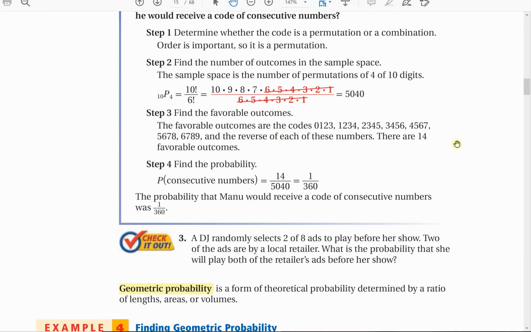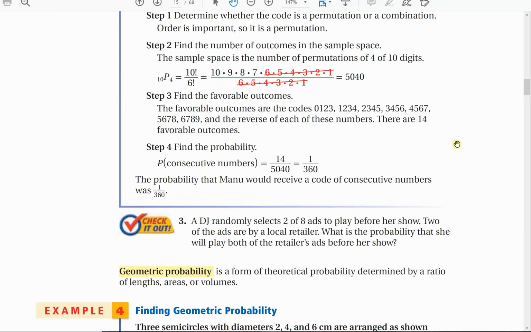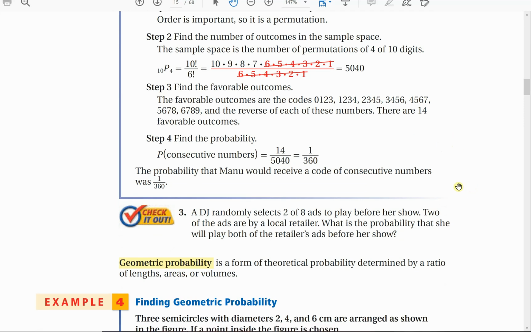A DJ randomly selects 2 of 8 ads to play before her show. 2 ads are by a local retailer. What's the probability she will play both of the retailer's ads before the show? All right, so this would be a combination because order doesn't matter.